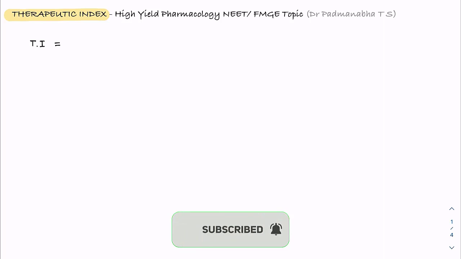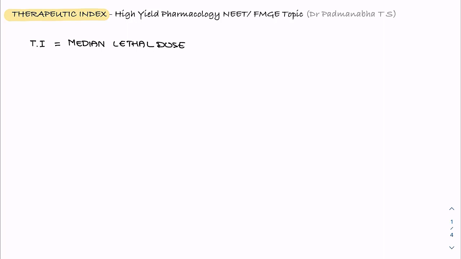Therapeutic index is a measure of safety. It is calculated based on the median lethal dose divided by the median effective dose.